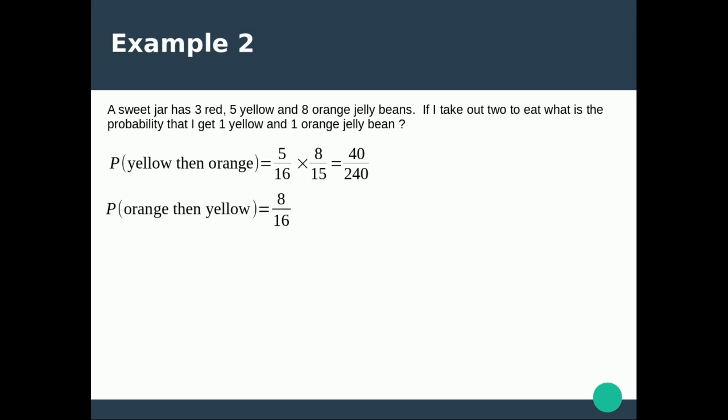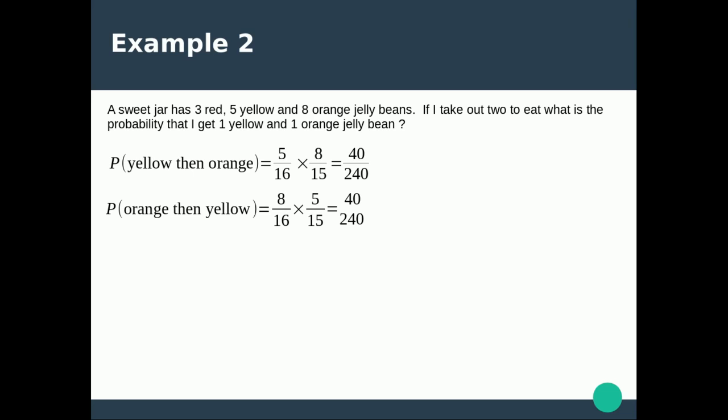This one here, probably getting an orange then a yellow. Well, the probability of getting that orange is 8 over 16. And you might notice that all that's happened is that 8's moved over here instead. Now we want the probability of getting the yellow. Well, there are still 5 yellows left, but there are only 15 beans altogether because we've taken one out. So now we've got 40 over 240 for our answer.